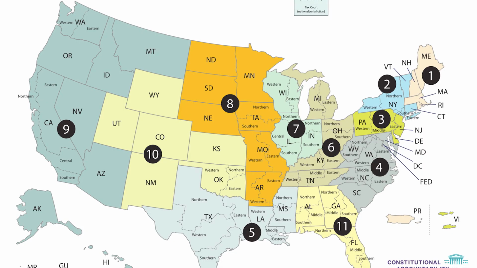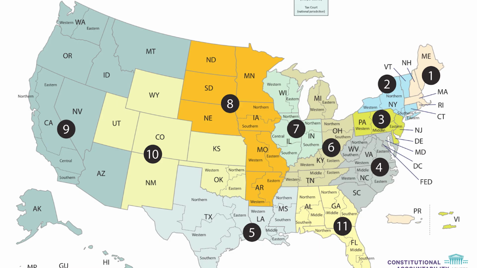Now, when you look at this map, the best way to understand it is to think about the three levels of courts that you saw earlier. The Supreme Court has power over all 50 states and the U.S. Commonwealth. So in other words, whatever ruling comes down from the Supreme Court affects all of the country. Now, the United States Court of Appeals, they have power over a certain group of states.